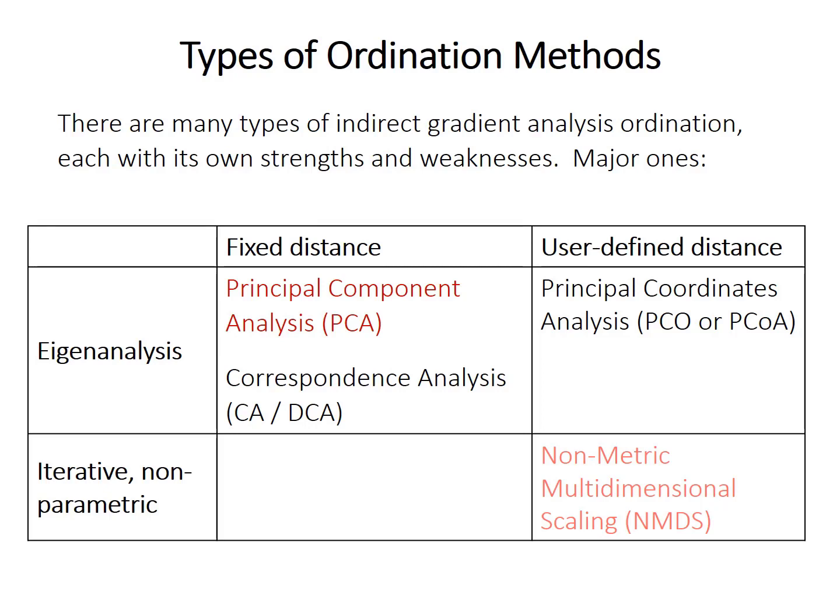Principal component analysis uses Euclidean distance between the points, as you'll see. And PCA also determines the new axes through a process called eigenanalysis, which uses the eigenvectors of a matrix. Other methods can use a more iterative, trial and error, non-parametric method. I'll discuss non-metric multidimensional scaling in the next video, but the other two examples listed here we're not going to cover in this class.